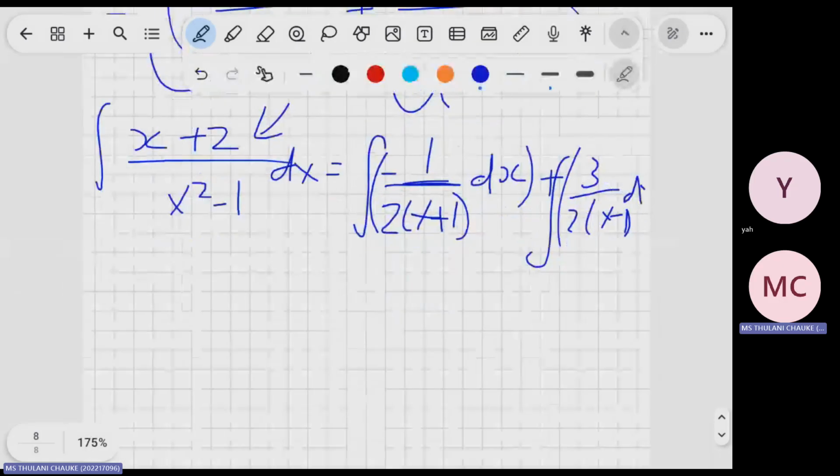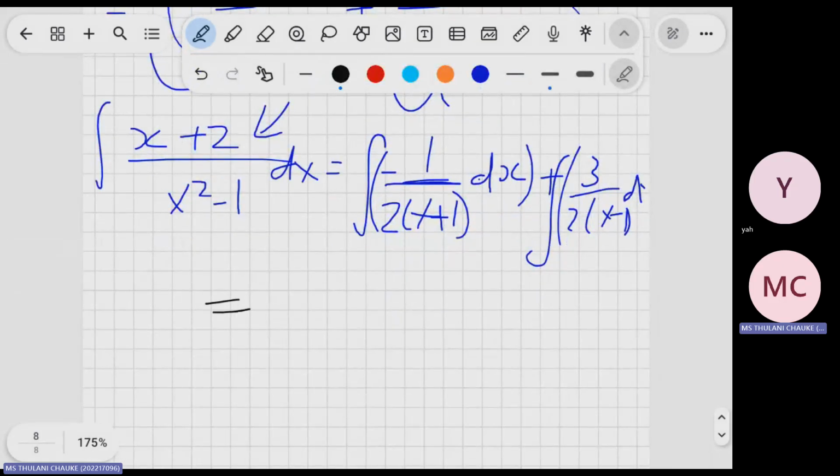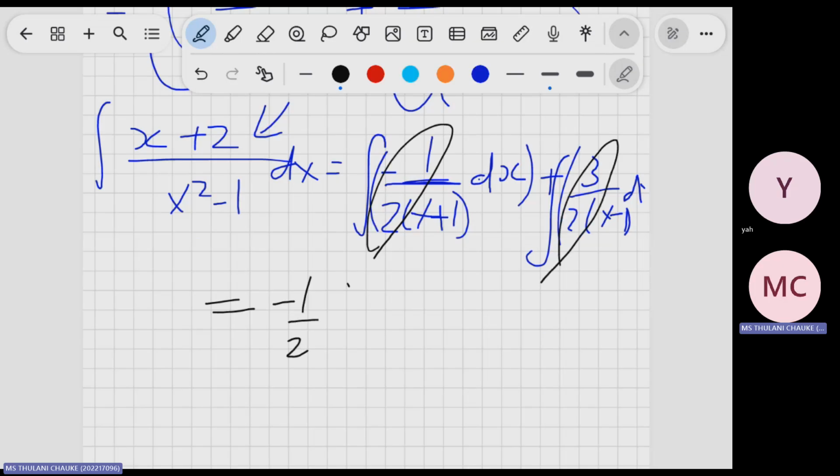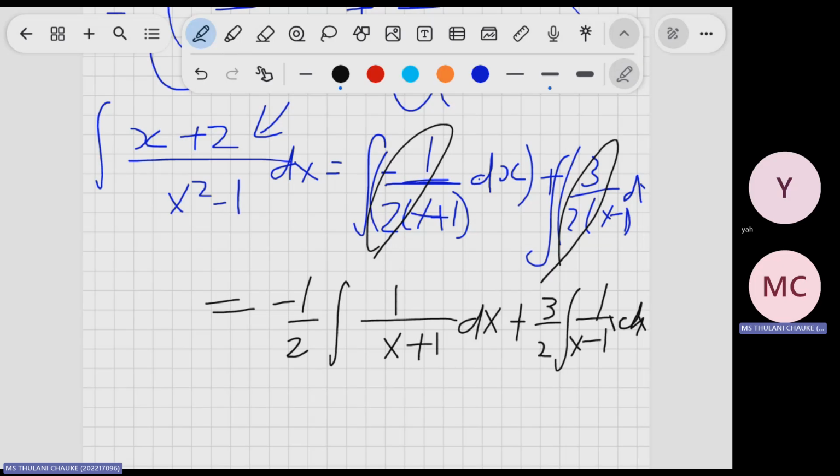Then this will be equal to, I hope I'm not losing you guys, I will just take out the common factors, which will be negative 1 over 2 integral of 1 over (x+1) dx, plus 3 over 2 integral of 1 over (x−1) dx.